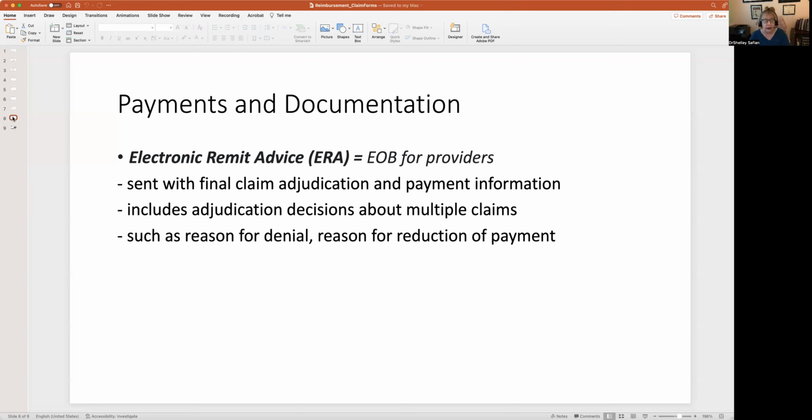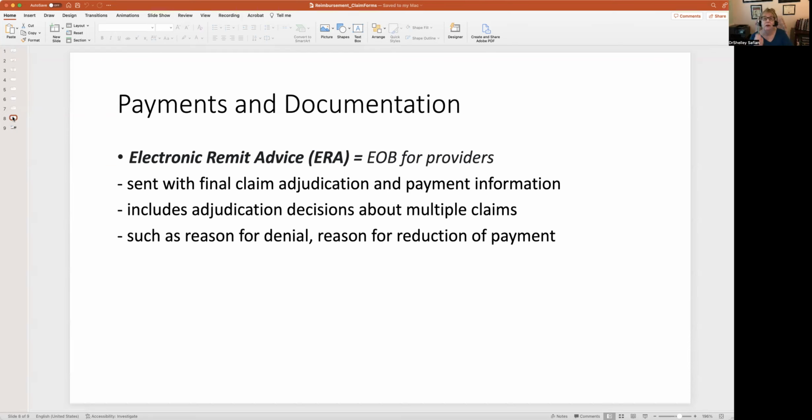So you submit like 5 claim forms to the same insurance company for 5 different patients. Then they're going to send you one remittance advice back that's going to have each of the 5 payments and explain, here's what you claimed, here's what you asked for, here's what we paid, here's why we didn't pay it, here's why we paid less, whatever.